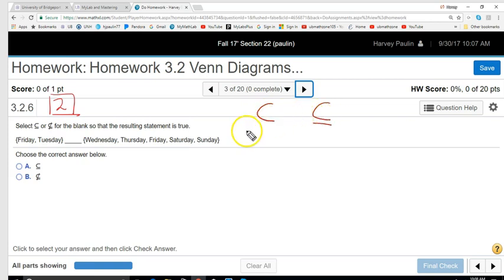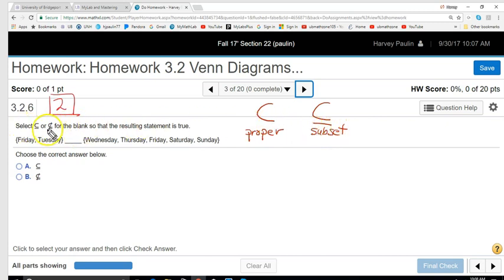Well, this is a proper subset, and this is just a subset. And we need to put subset here as well. Now, a slash through it is it's not that.